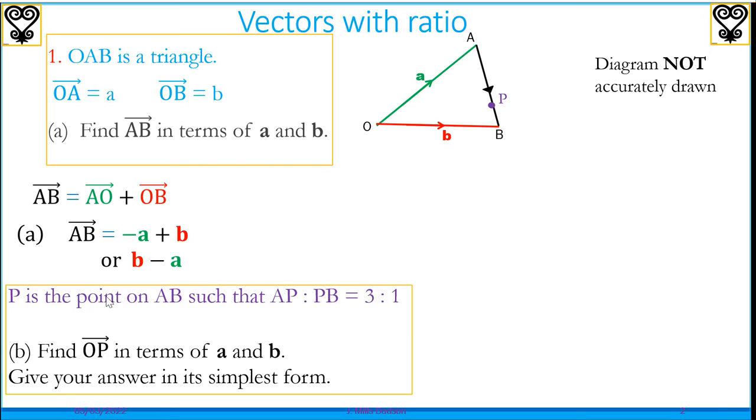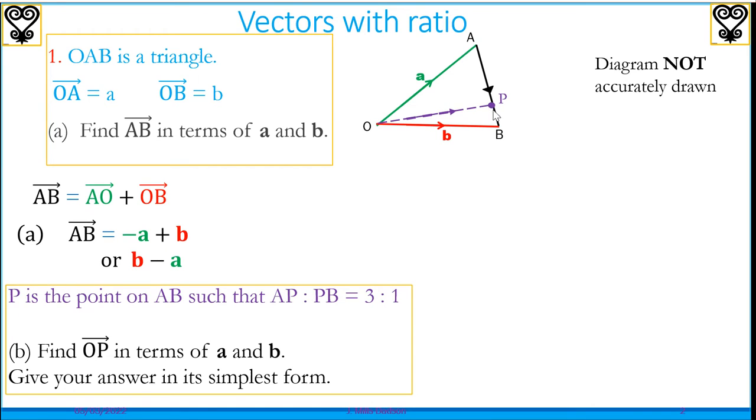We're saying that P is a point on AB, such that AP is 3 and BP is 1. We are supposed to work out a vector OP. To get to OP, we can go to OA and get to AP, or OB and get to BP.